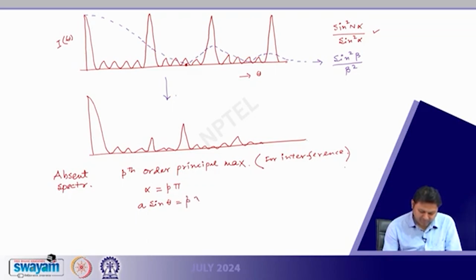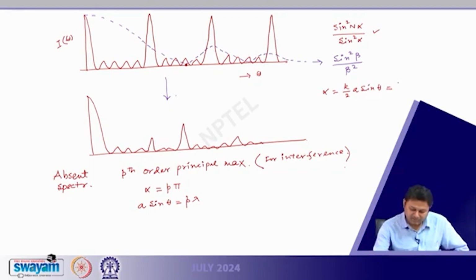That is the condition for principal maxima, and alpha, let me write, it is k by 2 a sin theta.